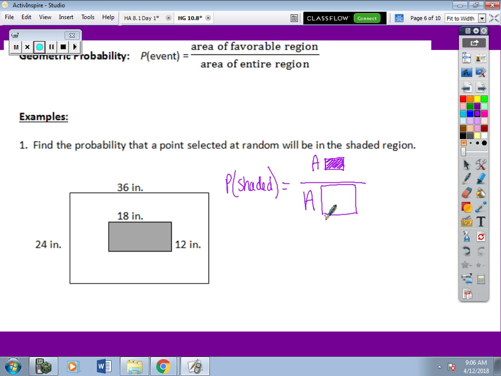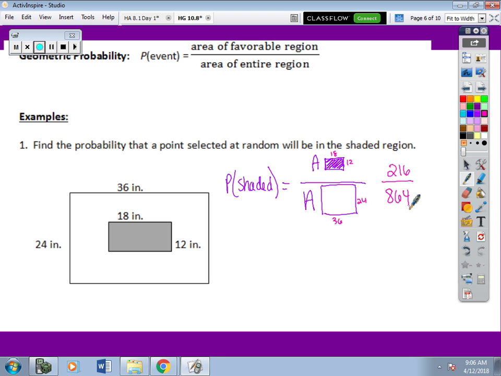So all the area formulas will get applied into this unit. Rectangles are pretty easy, so we just have to multiply. We have 18 and 12, and we have 36 and 24. Area for a rectangle is just length times width. So when we multiply those together, we'll get 216 out of 864.